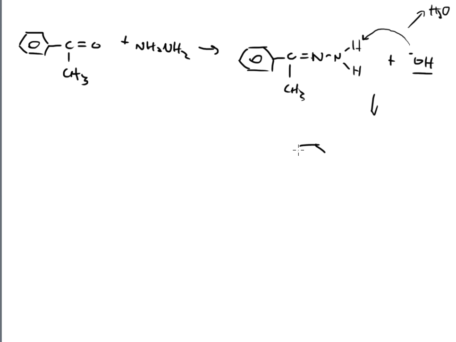So what we have left is a benzene ring with a carbon, a CH3, a double bond N, bonded to an N, and now we have just one hydrogen, and that is it. Now at this point, this nitrogen is not happy, folks, because there are two bonds.